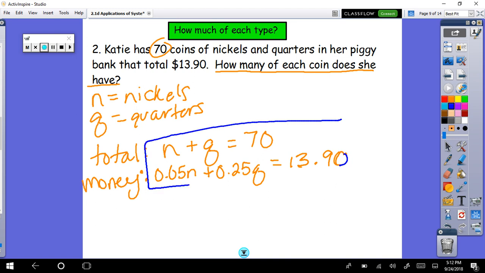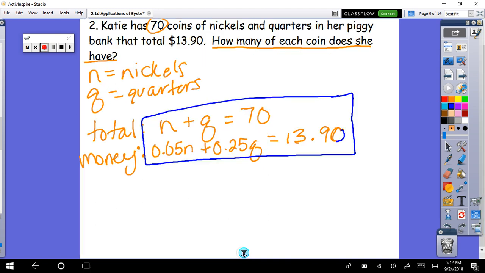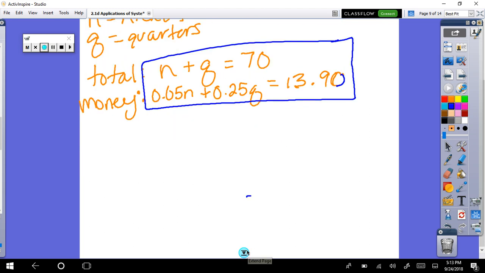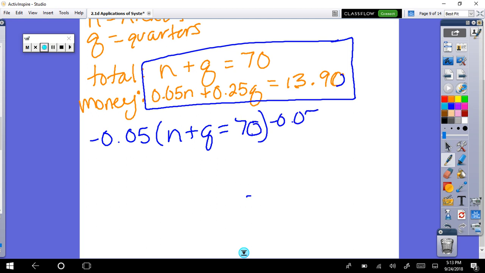Okay, so here's my setup. Elimination is a great choice, again, to solve this. So let's say I want to eliminate my N's. Since I have a positive 5/100ths here, I'm going to need a negative 5/100ths up here. So I'm going to take the first equation and multiply that whole first equation by negative 0.05.